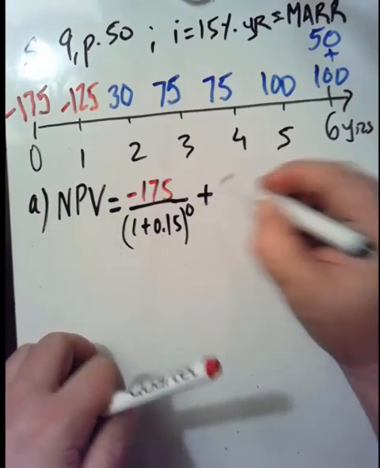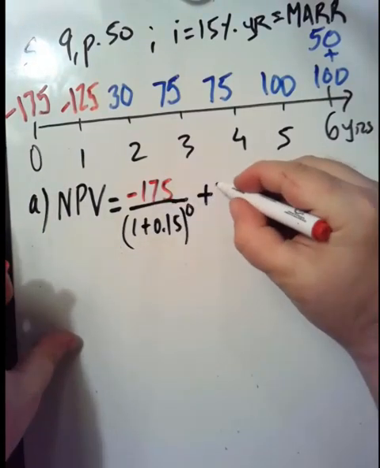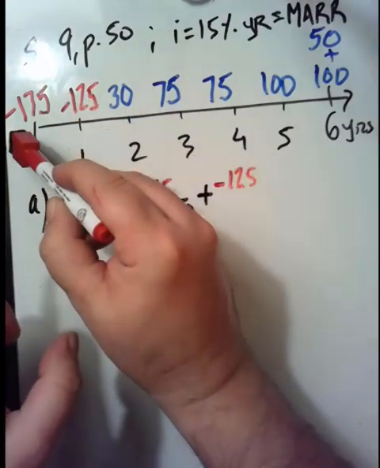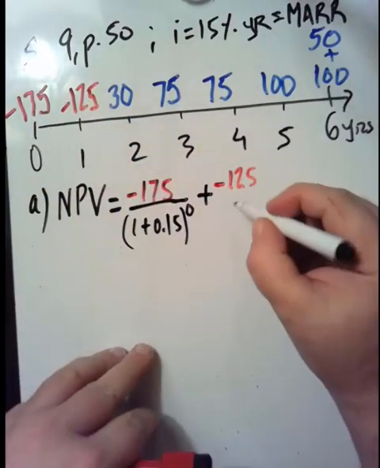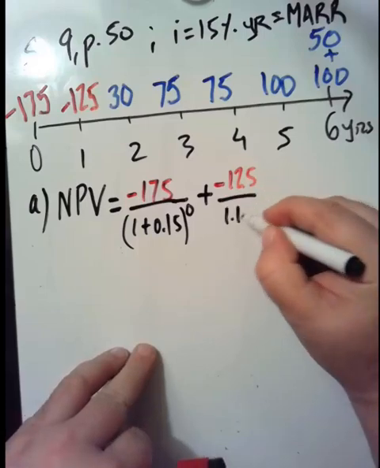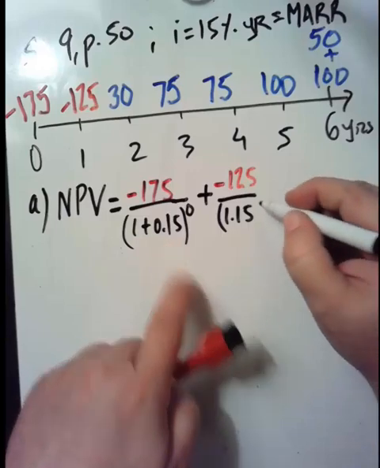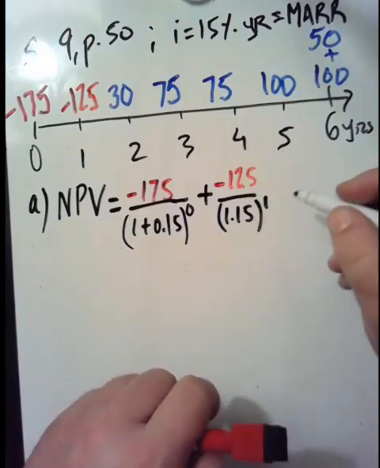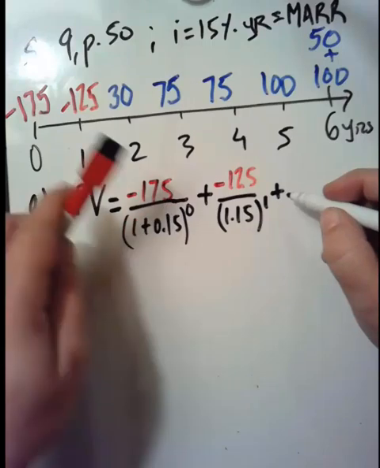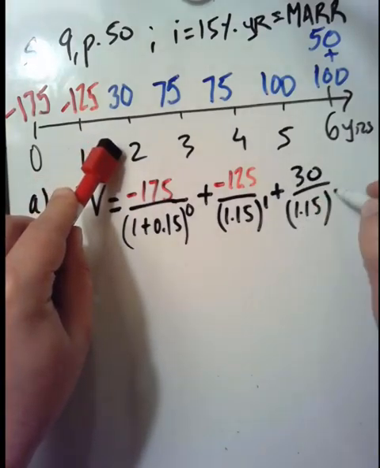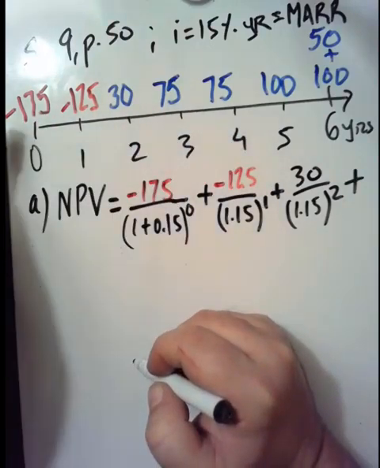Then we have the next cash flow, which is also a negative cash flow, and we discount it 1 year. So we use 1 plus the interest rate, which we know is 1.15, discounted once. Then we have the next cash flow, which is positive, and we discount it 2 years. Bring all these to time 0.